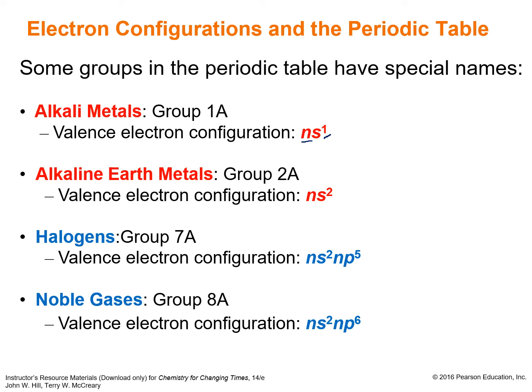The alkaline earth metals are group 2A, and as the name suggests, they have 2 valence electrons in their outer shell. Halogens, group 7A, have 7 electrons in their outer principal shell. And the noble gases are referred to as group 8A, with 8 electrons.